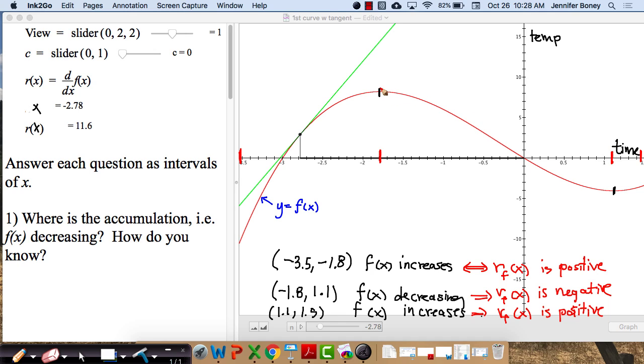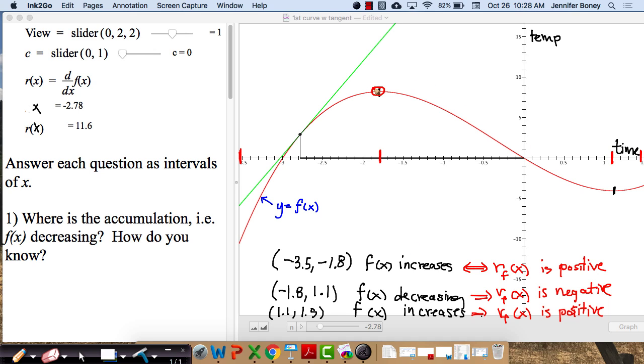In this immediate vicinity, I could say that the rate of change of f of x is essentially 0, and the closer I get to that peak of the hill, the closer that rate is going to be to 0. But I can't have no motion, so I can't really have that over an interval of any width. It's not going to stay 0 because this isn't a flat curve like that.